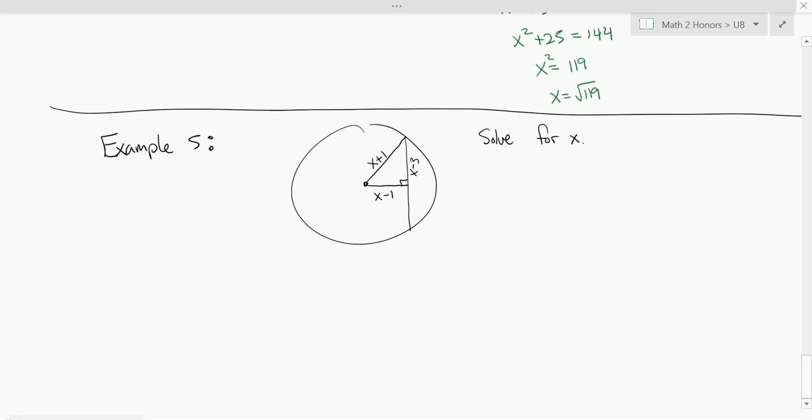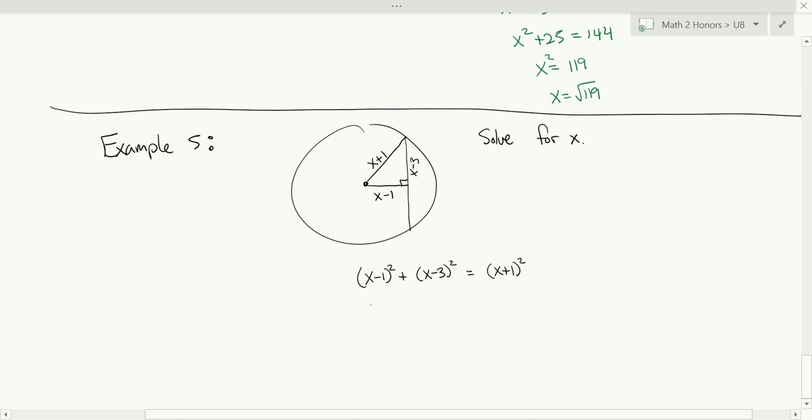What do you think we're going to have to use to solve for X? Pythagorean theorem. So you take the 2 shorter sides, the X minus 1 squared plus the X minus 3 squared, and set that equal to the hypotenuse, X plus 1 squared.